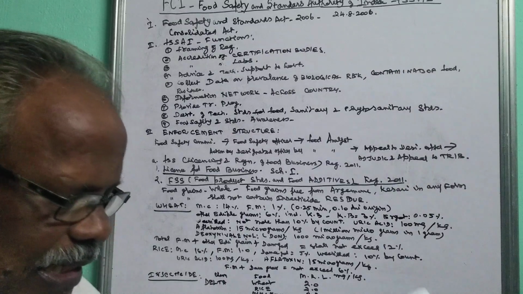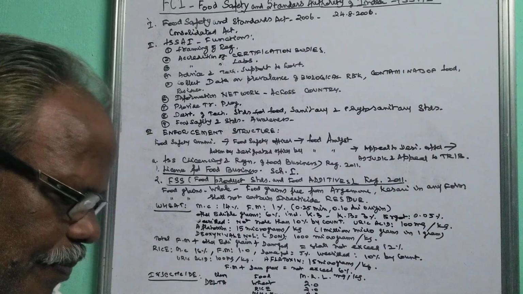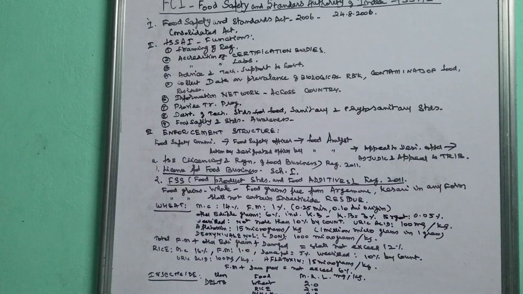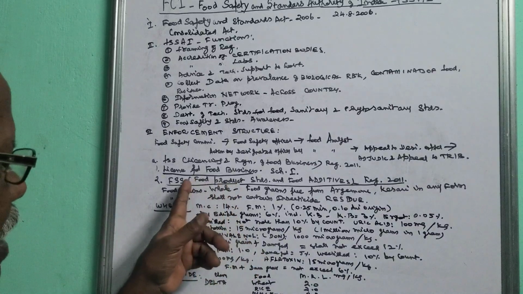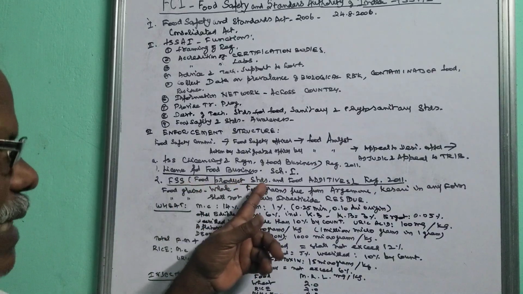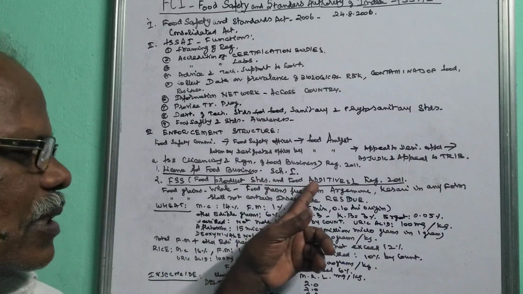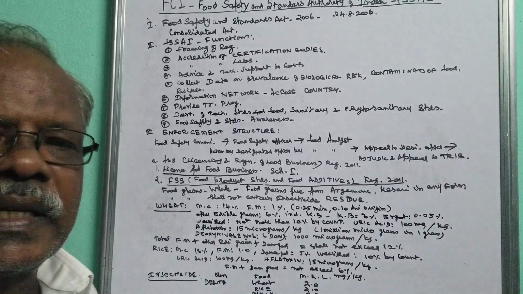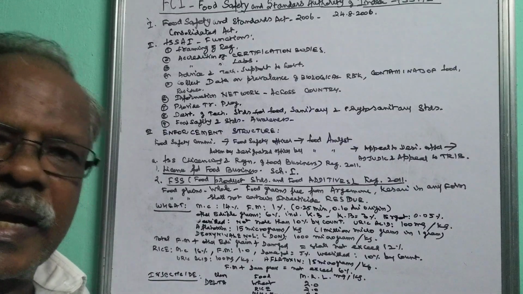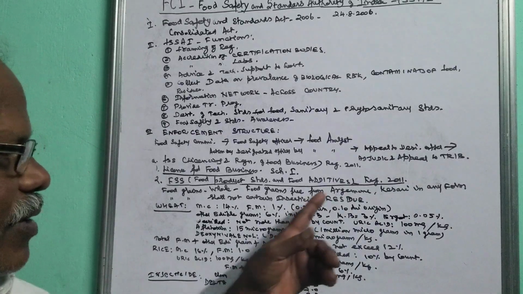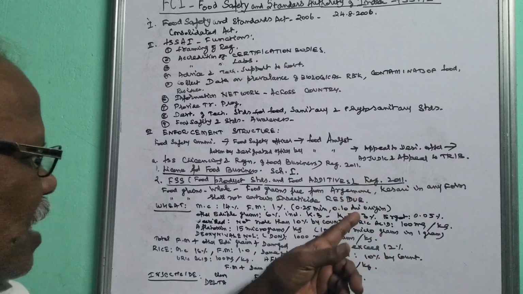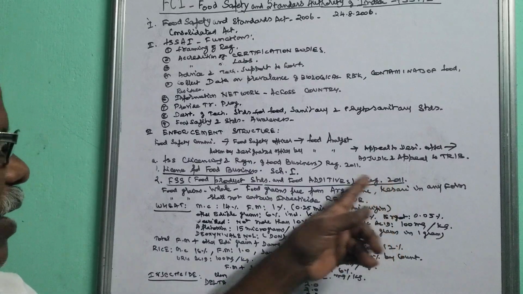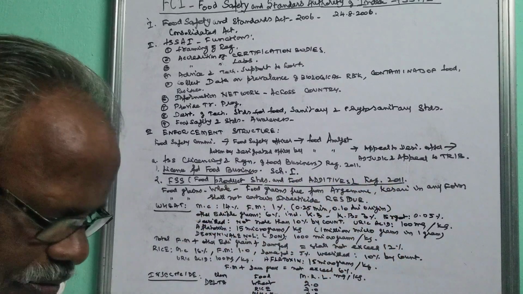For those the license will be given. Then the FSS food product standards and food additives. If any items are added in the food, they are called food additives, and the 2011 regulation regulates the food additives.